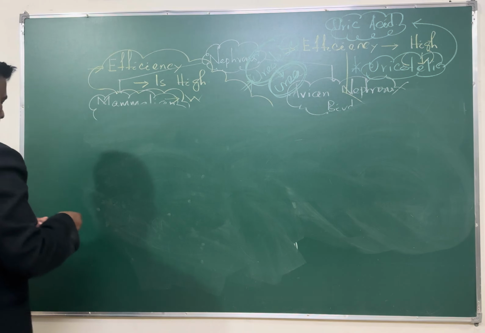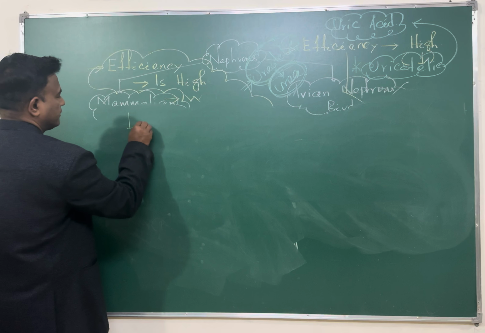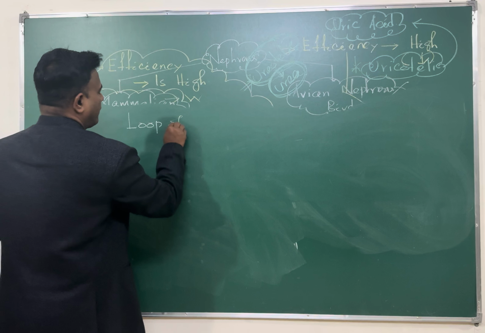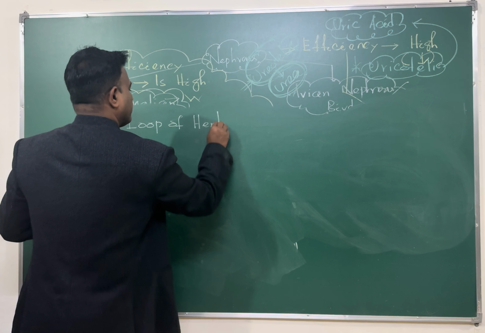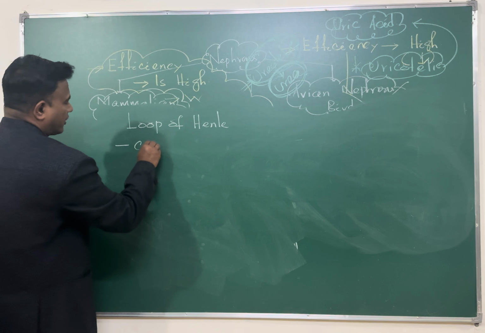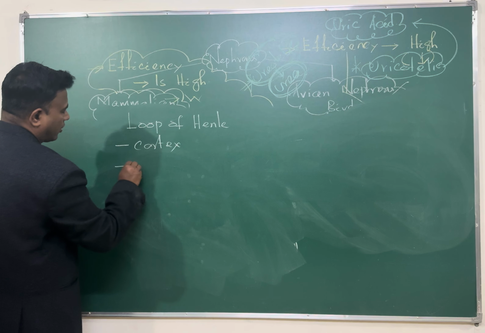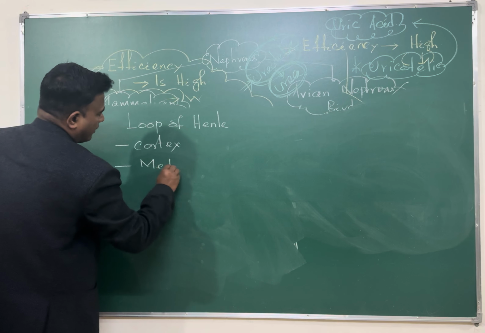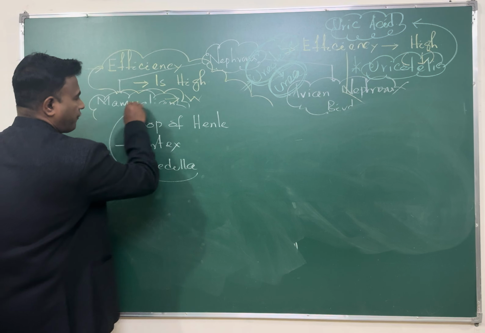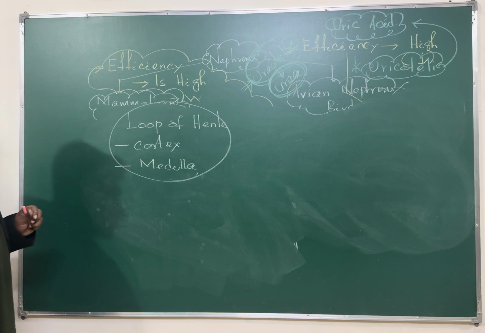If you come to the loop of Henle, it is either in the cortex or it is in the medulla, depending on the type of nephron, as we discussed.